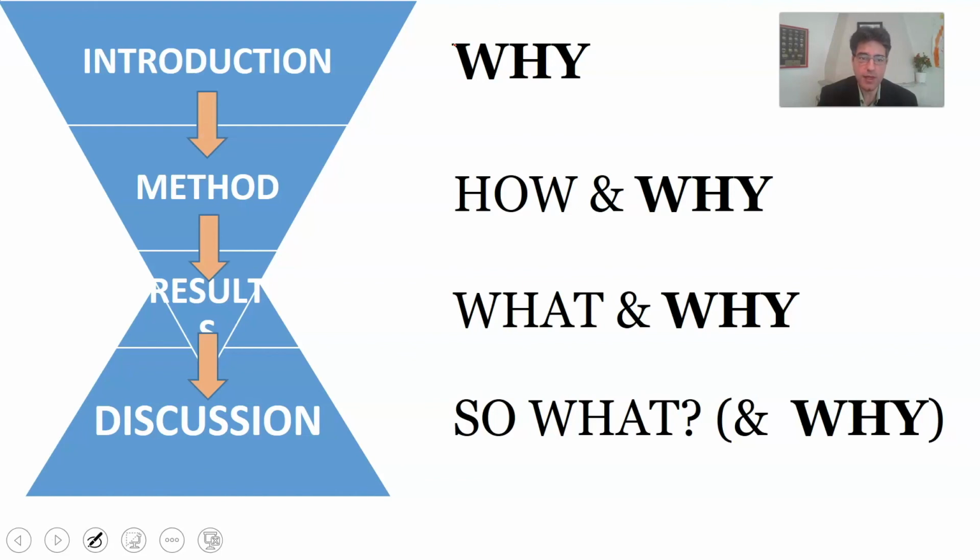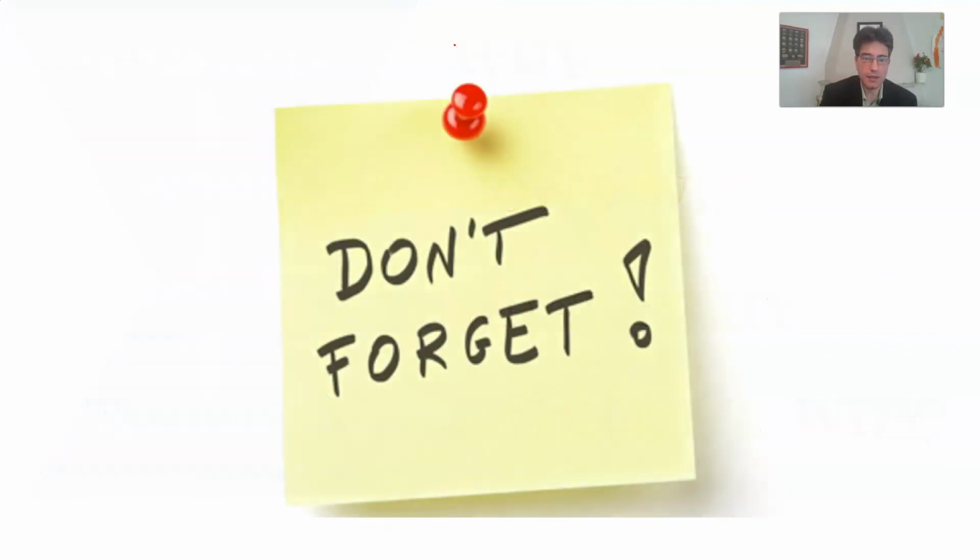And so that question of why should be present throughout, and the how and why is a good way to remember how to structure your method section. Not just talk about the how, but talk about the why. And that's the method section in a nutshell.